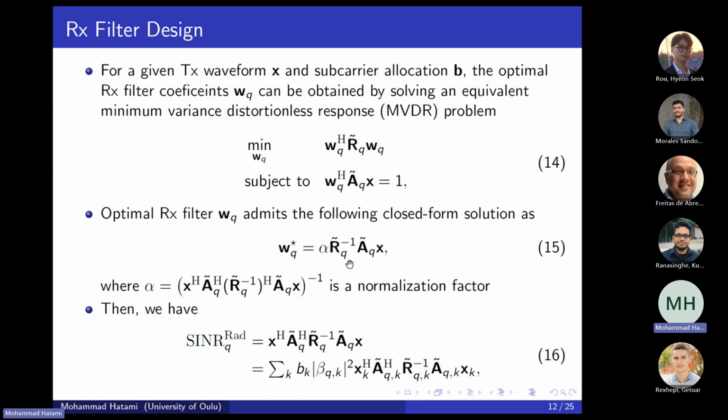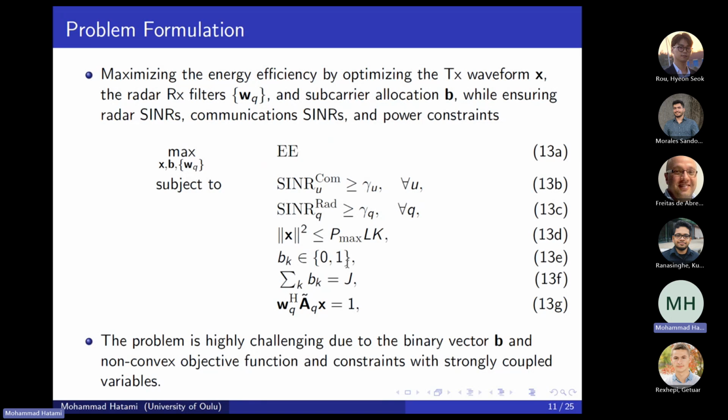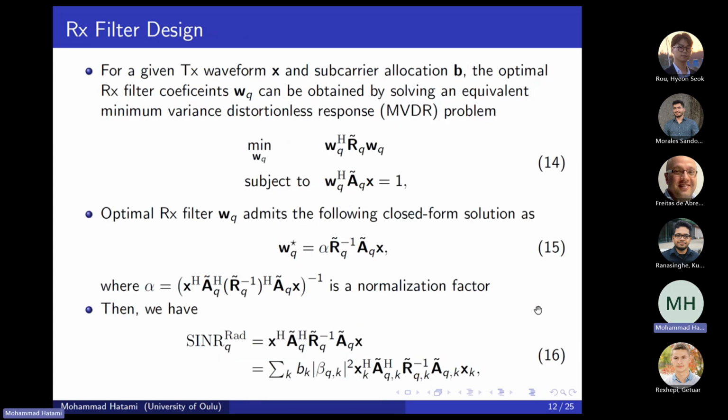We can calculate this alpha from these constraints. Then by replacing this W in the SINR formula, we have the SINR formula as given by 16. As shown here, the SINR formula is a linear combination with respect to the subcarrier allocations, but it's non-convex with respect to X, because R also depends on X, and R inverse here makes this non-convex.